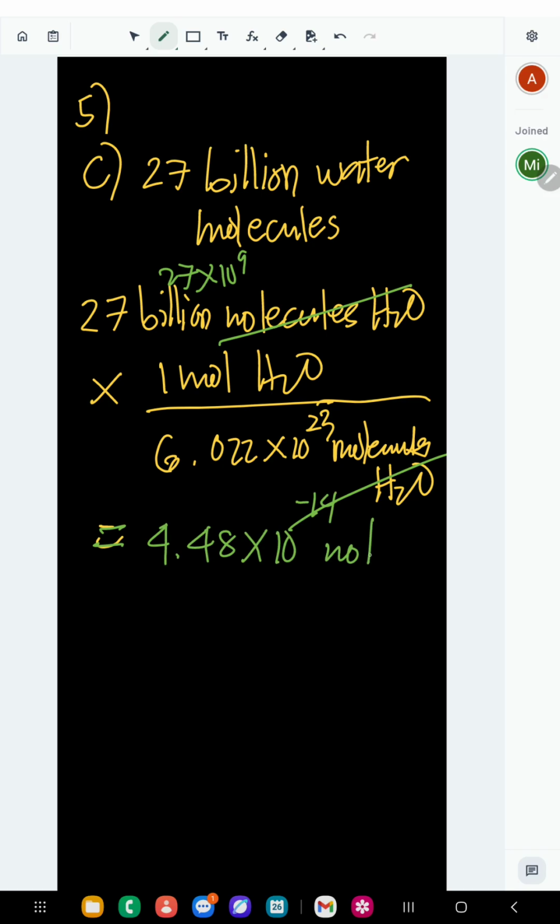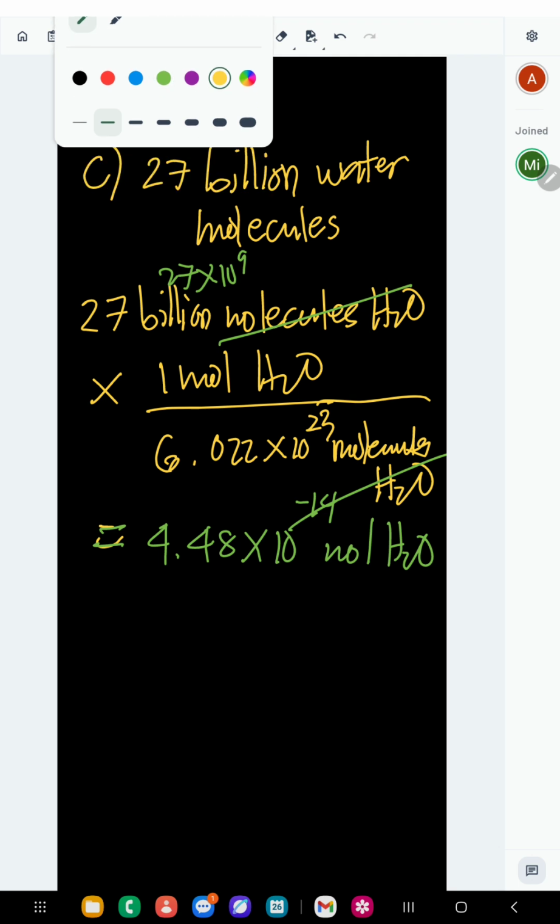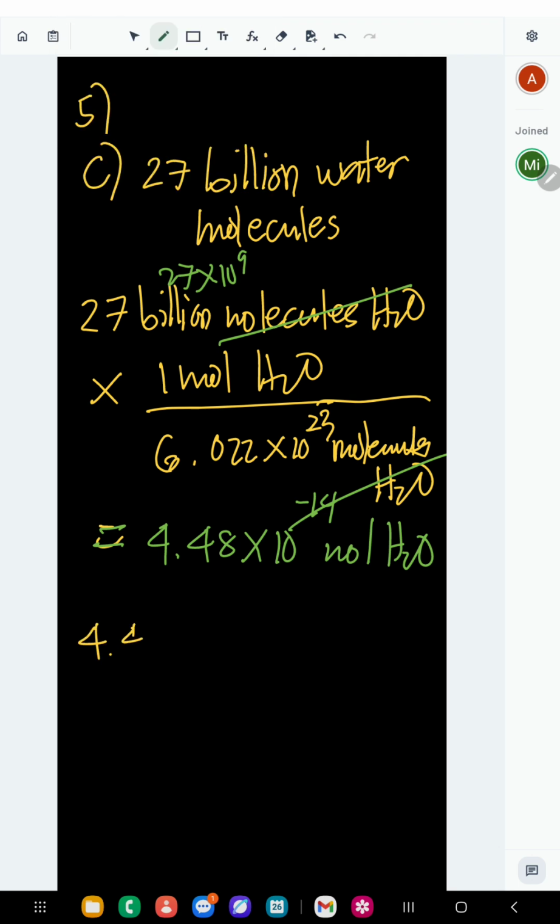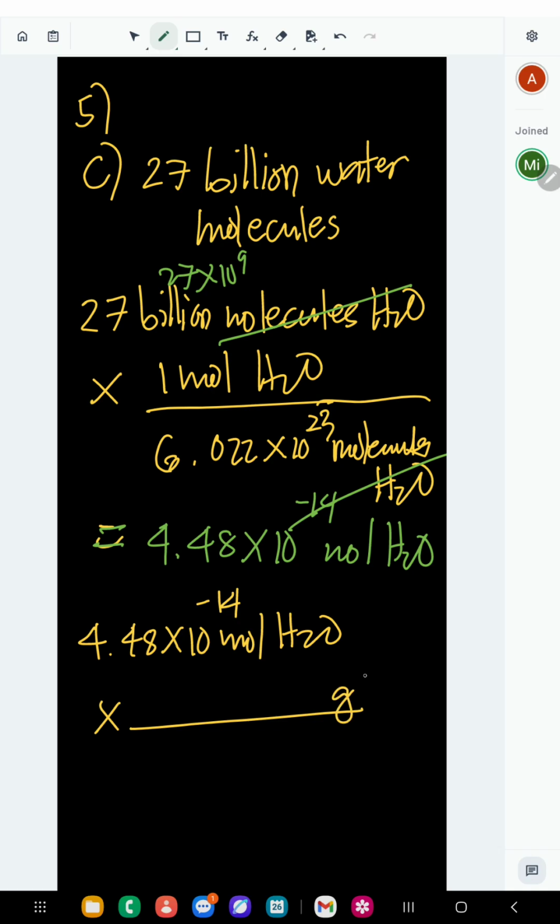So you already got the number of moles of water. But it says we need to convert this to grams. Determine the mass needed to supply the quantity. So we start from the number of moles. That is 4.48 times 10 to the negative 14 moles water times the molar mass of water.